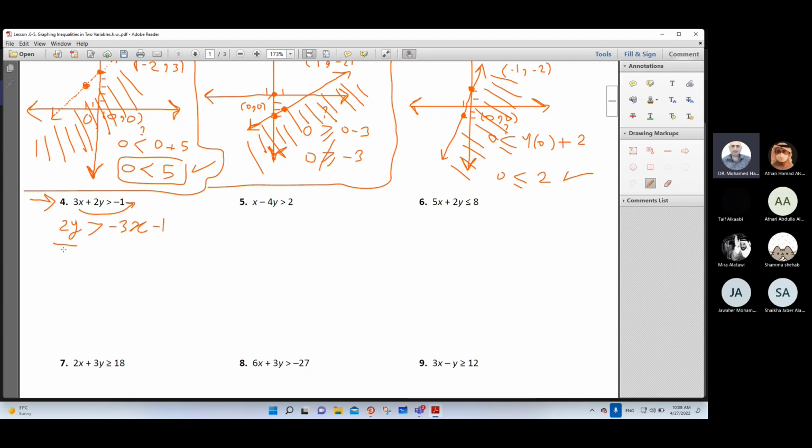You can divide both sides by 2. 2y divided by 2 will be y greater than negative 3 over 2 x minus 1 over 2.